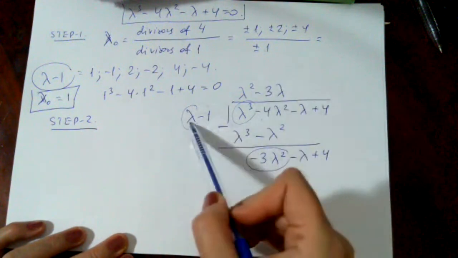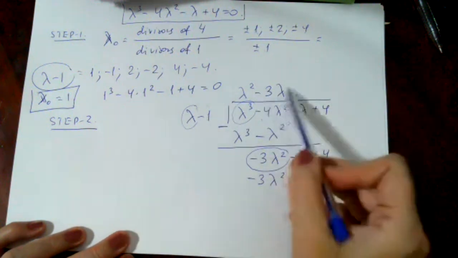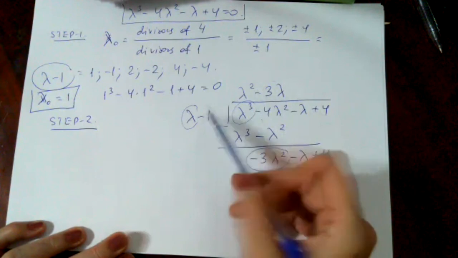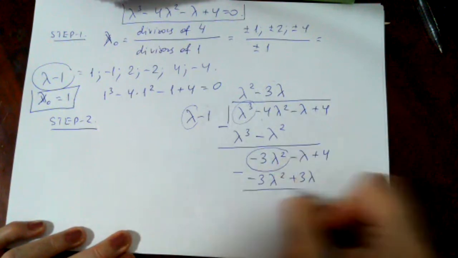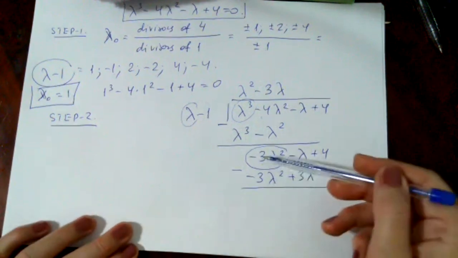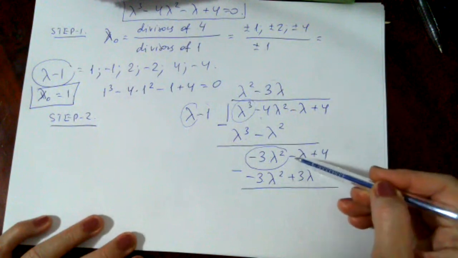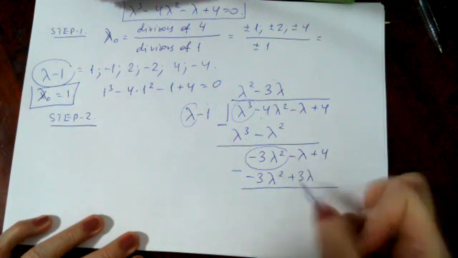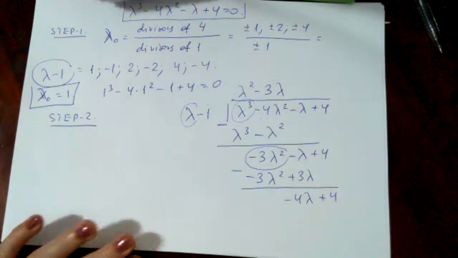So minus 3 lambda times lambda will give us minus 3 lambda squared. Minus 3 lambda times minus 1 will be plus 3 lambda. And again, we're subtracting the second polynomial from the first polynomial. This minus this cancels out again as usual. And this will be minus 1 minus 3, minus 4 lambda, and plus 4 gets rewritten.